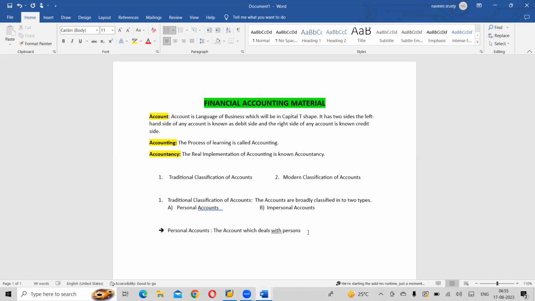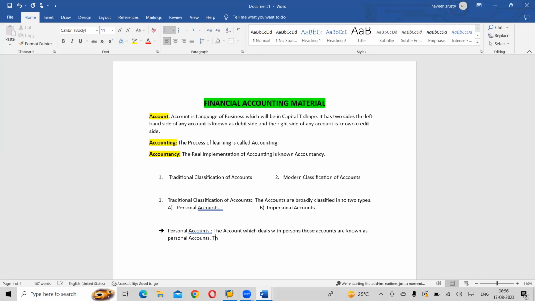The account which deals with persons, those accounts are known as personal accounts. Again, I'm reiterating: there may be lakhs of accounts in the organization, crores of accounts in the business. They will come under either personal accounts or impersonal accounts only. Nothing apart from this.